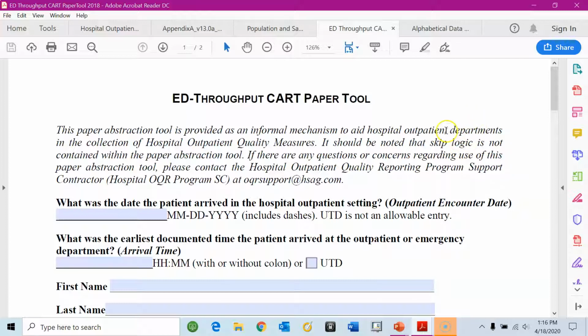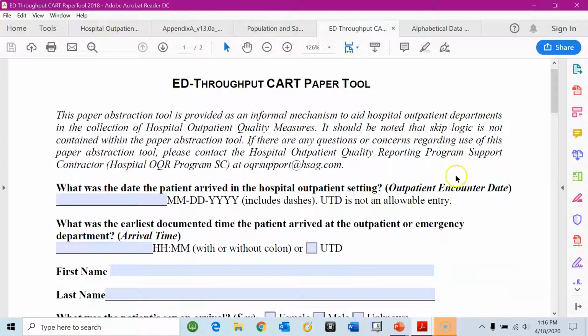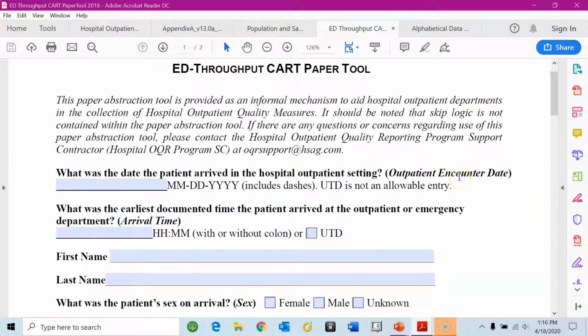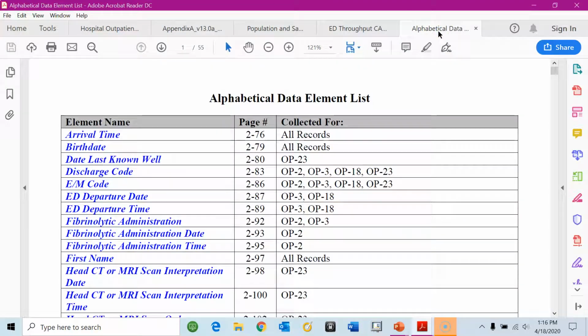But this is just an easy way for me to show you what the data elements are for OP-18. So here, what was the earliest documented time the patient arrived in the ED? Well, it seems pretty clear, but what if you're not sure? Where you're going to go is to the specifications manual.